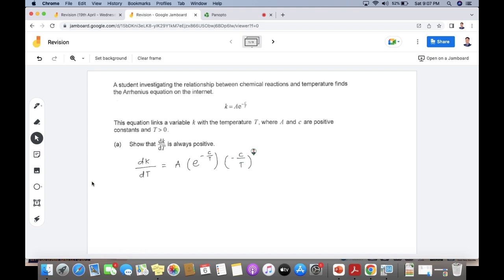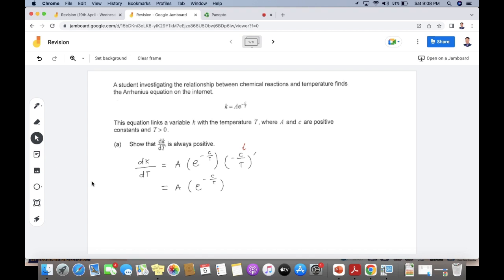All right. So if we continue, this is now equal to a times e to the power of negative c over t. And for this one, you have to remember that c is a constant. So it's just simply a number, and it is the t that is considered a variable.